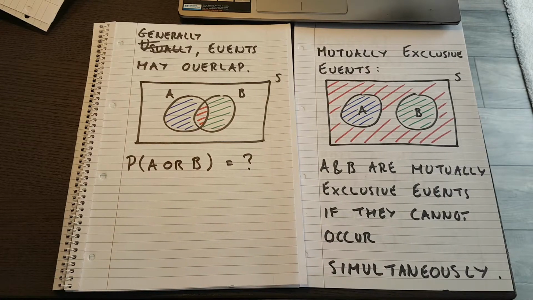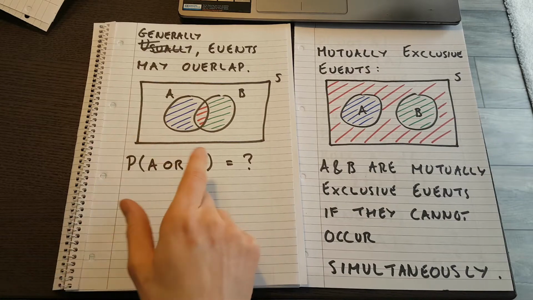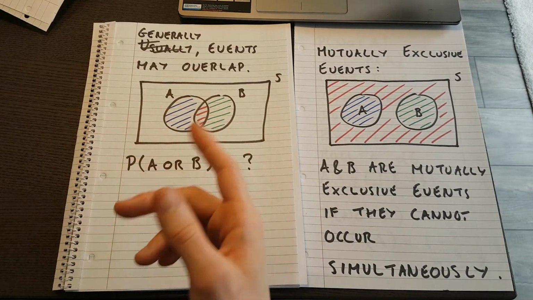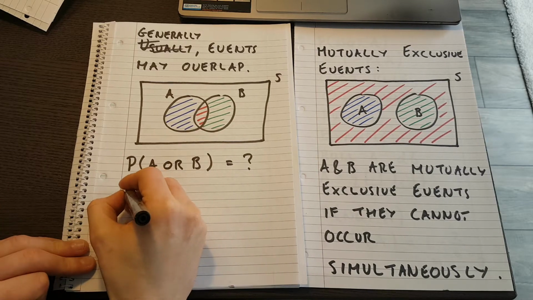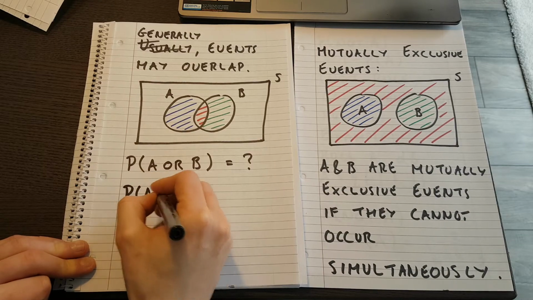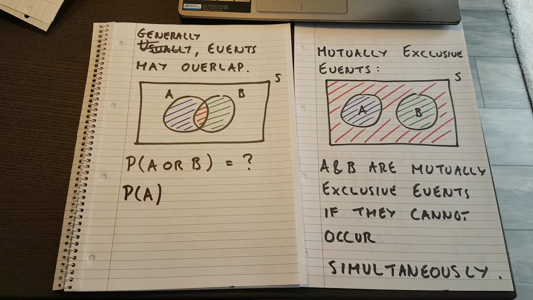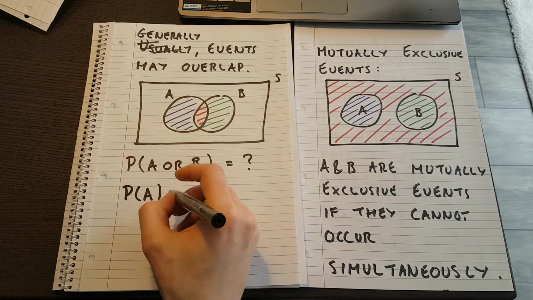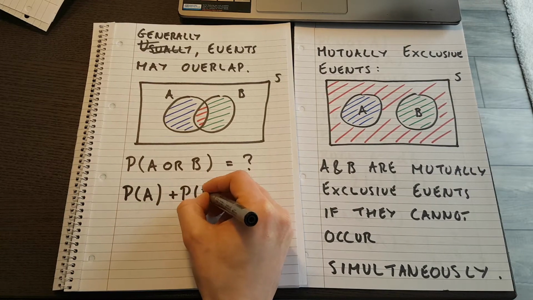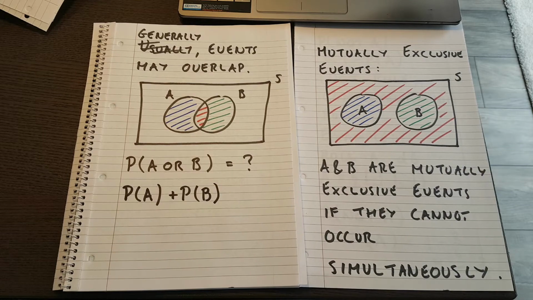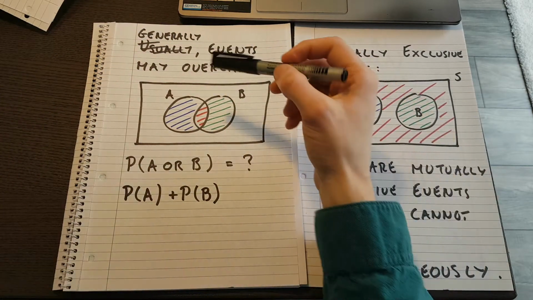Well, this is a little tricky. It's not too bad, but it takes a little bit of thinking about. So let's say we take the probability for A, which we'll assume is some number we've worked out, and we'll take the probability for B, which we'll assume is some number we know.